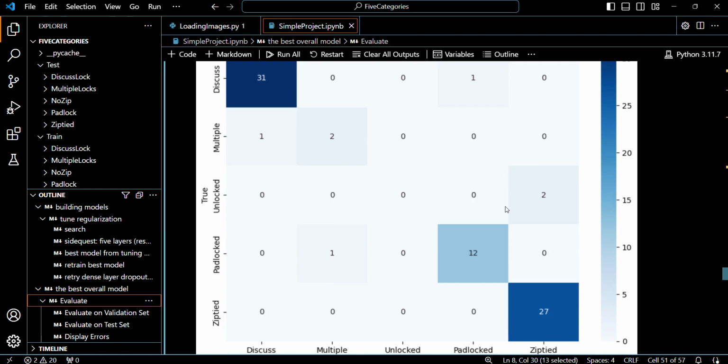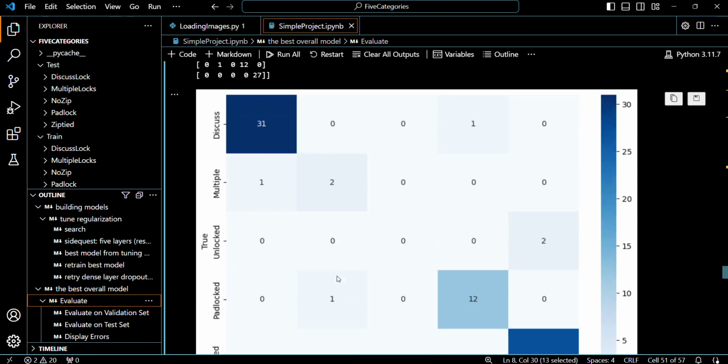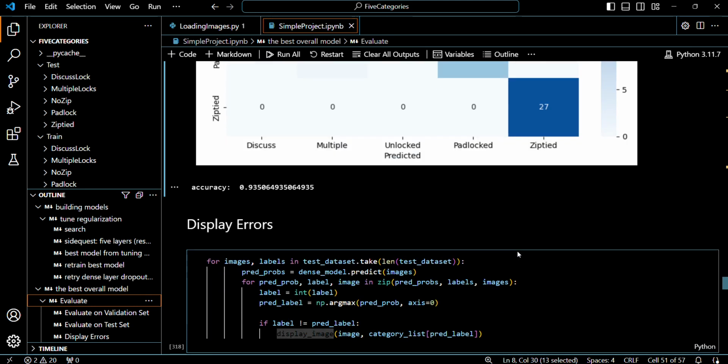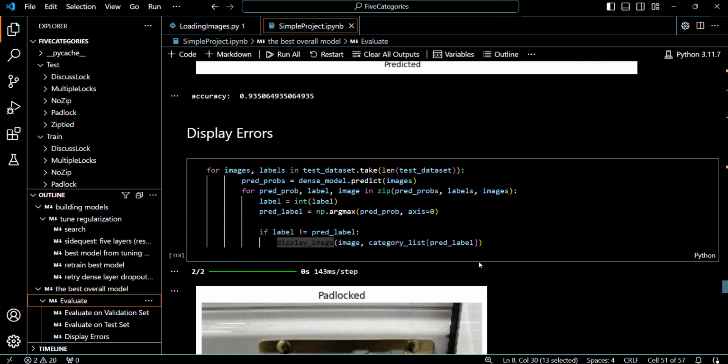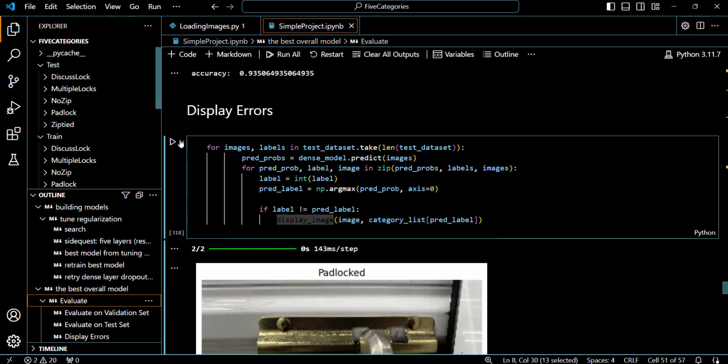But if you look at it from a binary lens, locked or not, which is completely reasonable to do, then this is a perfect model. It just seems to have performed beyond my wildest dreams. Okay, so then we moved on to display errors.